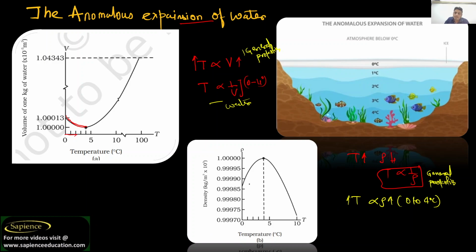See here, from 0 degrees water has a density of 0.99985. So as soon as the temperature starts increasing, density should decrease, but in spite of decreasing, its density starts increasing. Got it?